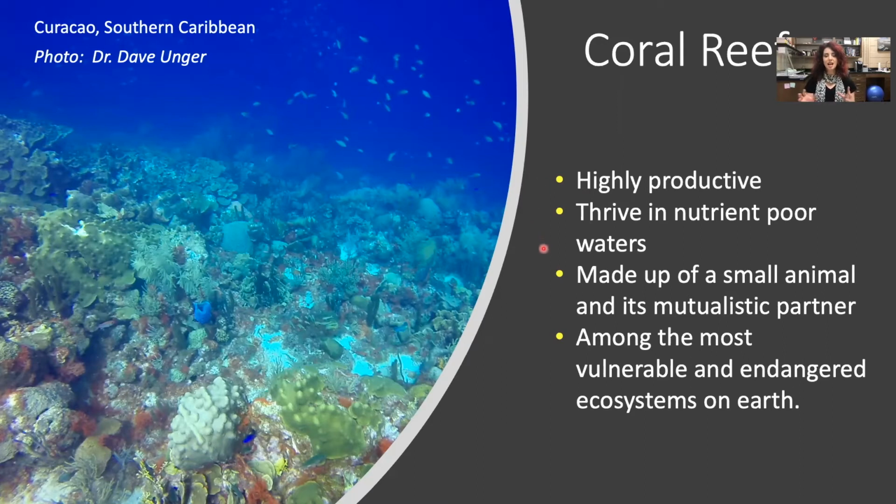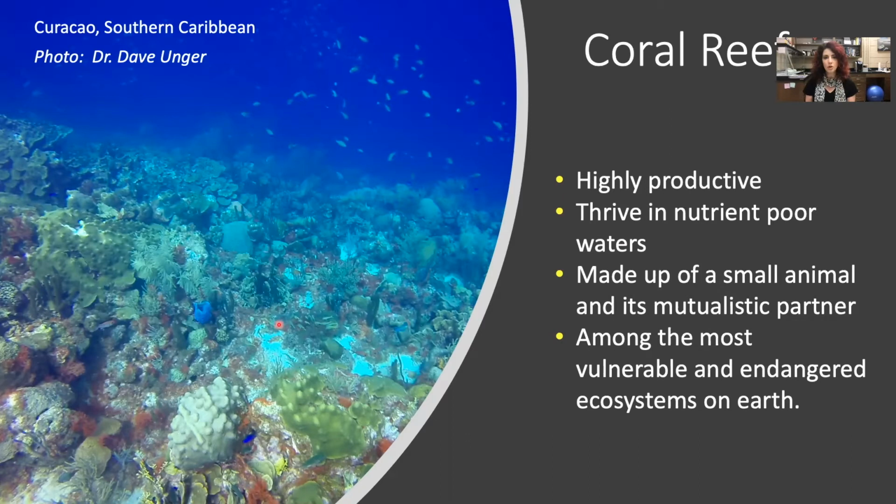There are a lot of mutualistic partnerships and symbioses that occur in the coral reef environment. And because of that, they are among the most vulnerable and endangered ecosystems on Earth, because there are a lot of intricate ecological interactions, species-species interactions that fuel the entire productivity of the coral reef ecosystem.